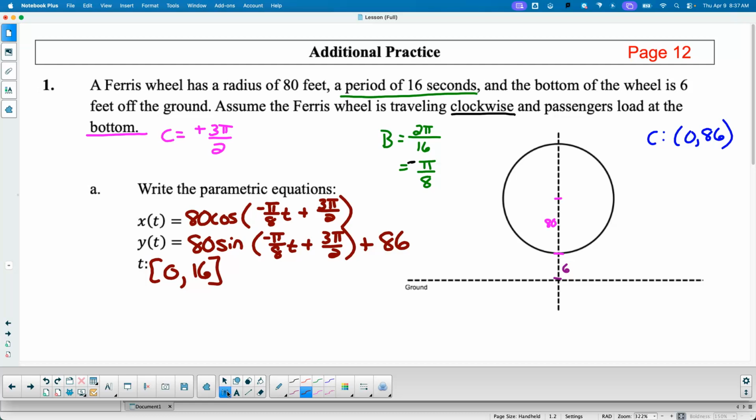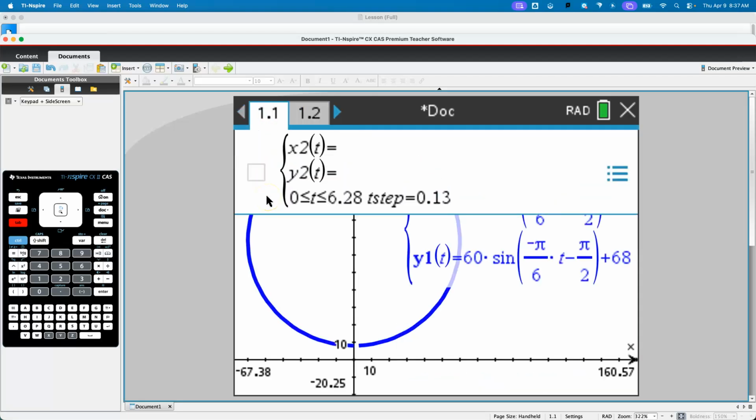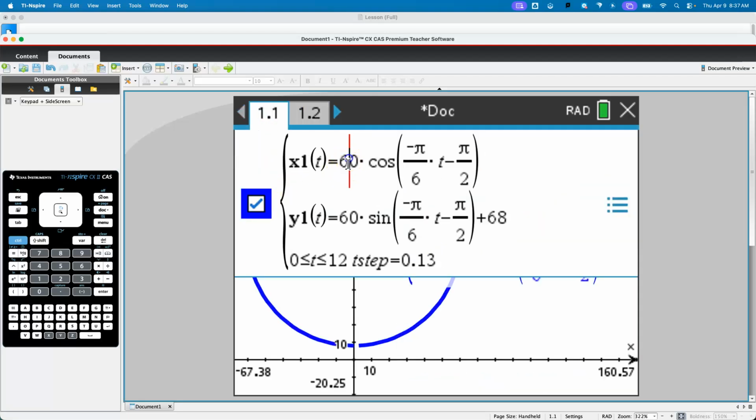Okay. All right. Let's get this in here then. So we said that this was 80 and 80. This was over 8. This was over 8.